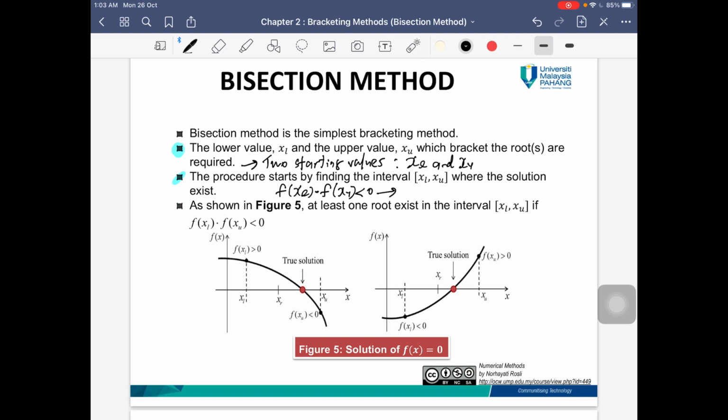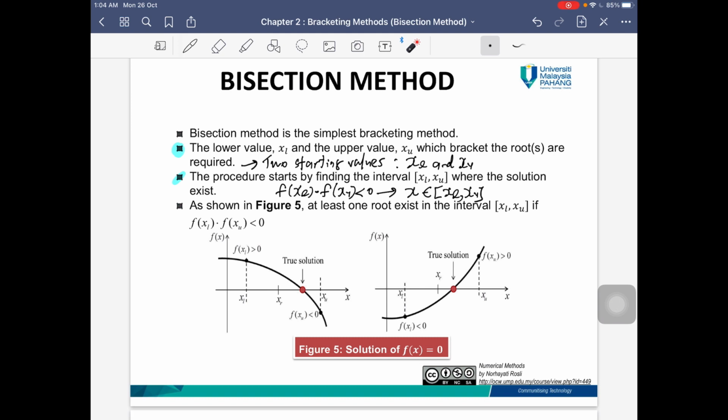So if this is satisfied, then we start our first iteration by using this value of x here. Continue. As shown in figure 5, at least one root exists in the interval of your lower and upper limit if this is satisfied.